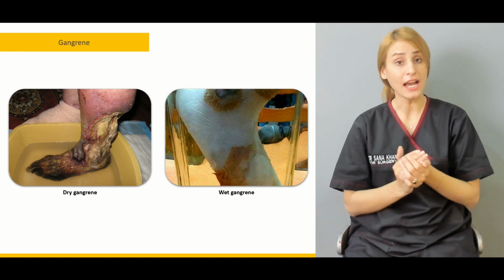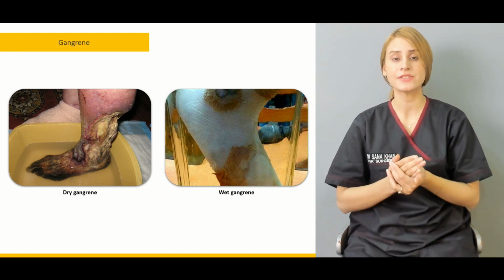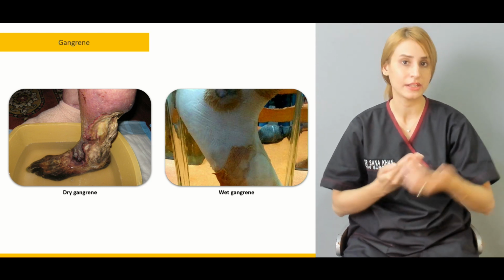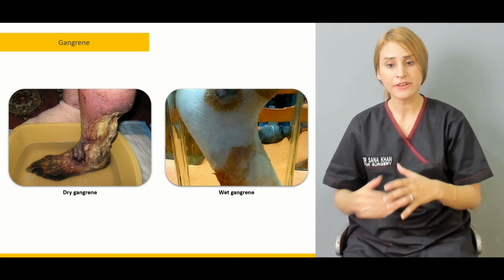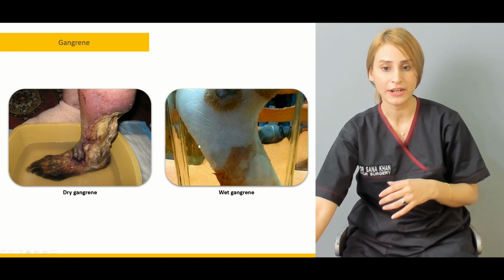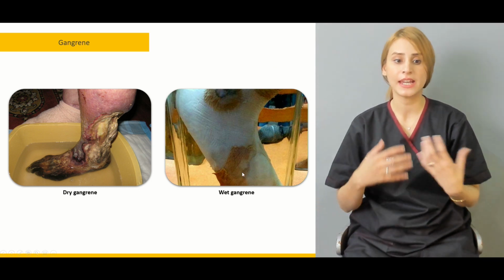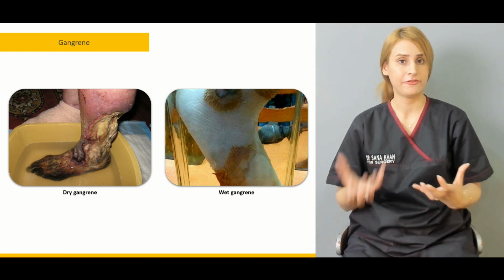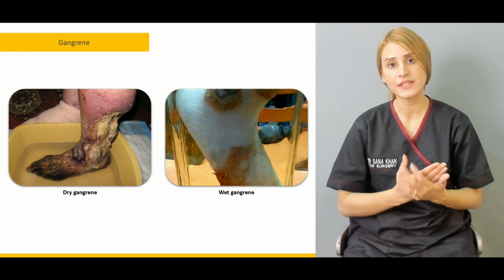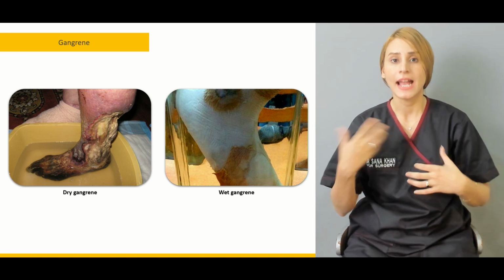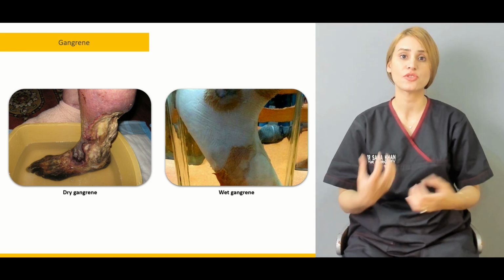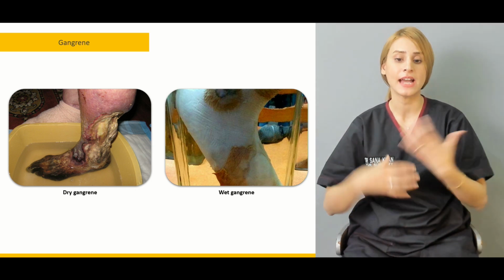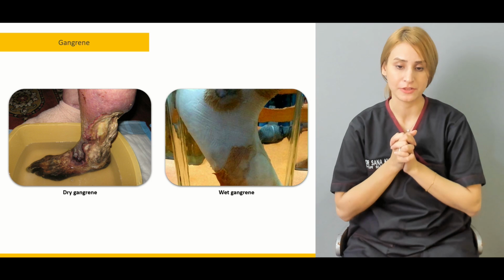So without superadded infection, the development of ischemia and hypoxia ultimately leads to dry gangrene. On the other hand, in wet gangrene, there are superadded infections as well, and because of the superadded infections, the purulent discharge and edema fluid, that accounts for the development of wet gangrene.